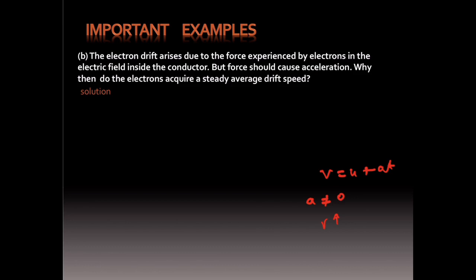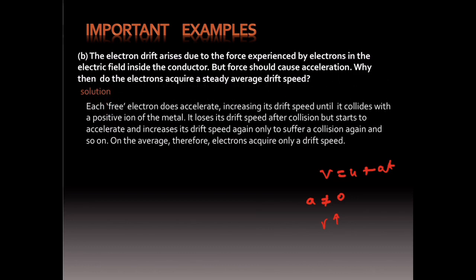So the answer is, inside a conductor, when electrons start drifting from one end to another, they suffer collisions, and during a collision they lose their speed and again start with the same velocity, and so on. So that's why we take the average, and therefore electrons acquire only drift speed.